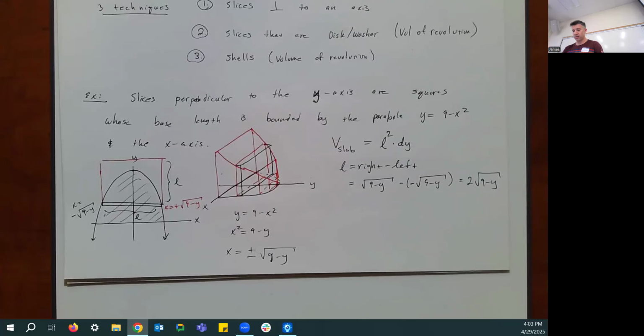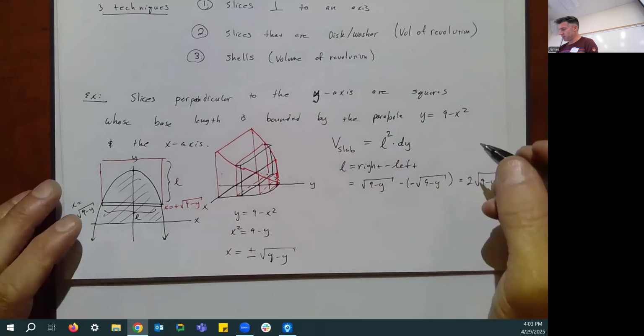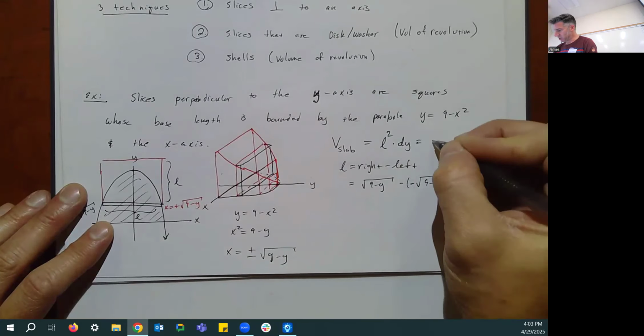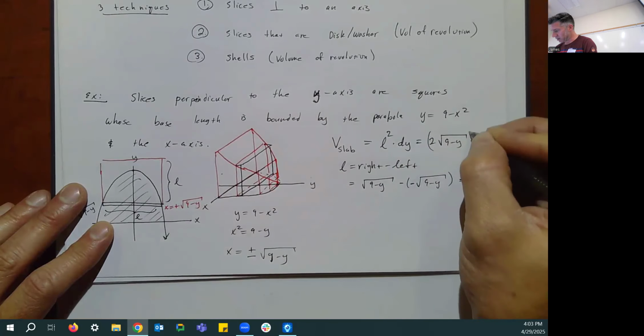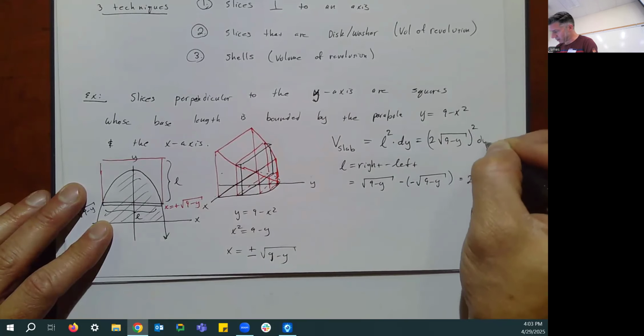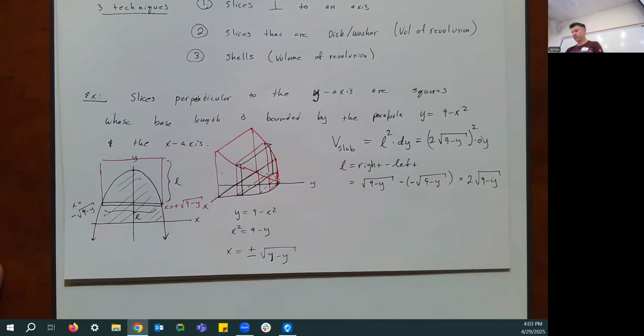So we're almost there. The volume of our slab is 2 times the square root of 9 minus y, squared, times dy. And now the only step left is to add up all the volumes of the slabs, meaning we're going to integrate.